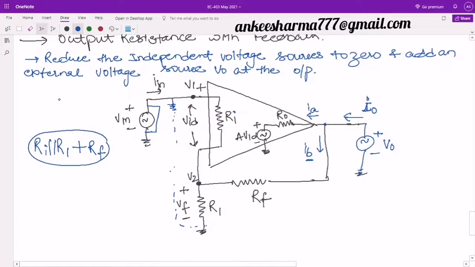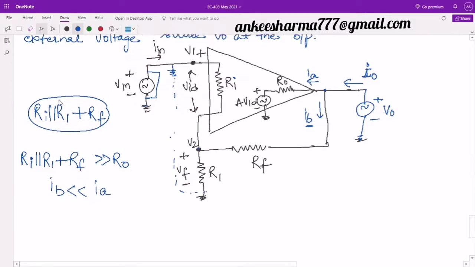Now this RI parallel with R1 plus RF is very much greater than R0. Obviously because R0 is very small, ideal cases में हम 0 लेते हैं. So can I say that the current IB is very much less than IA?